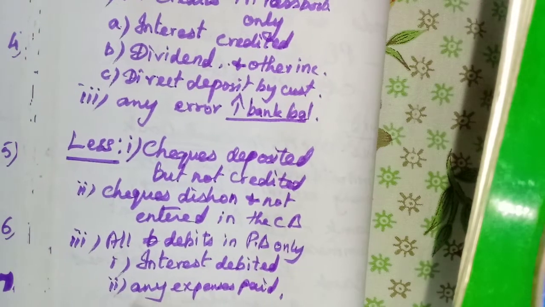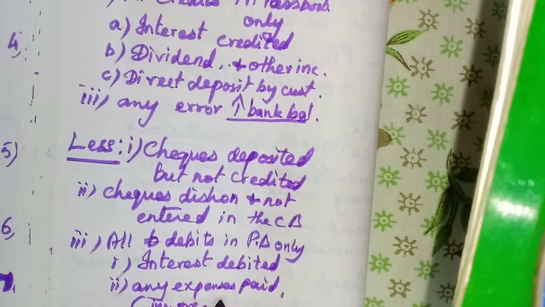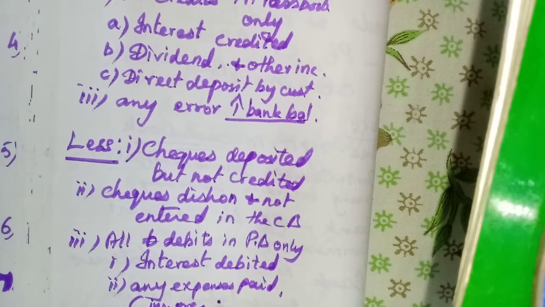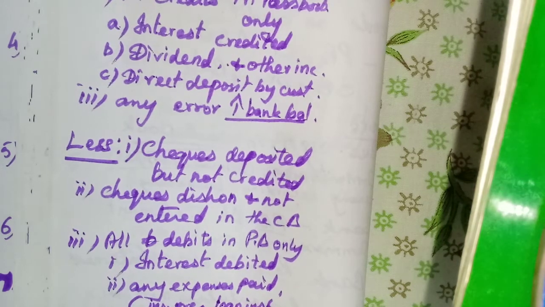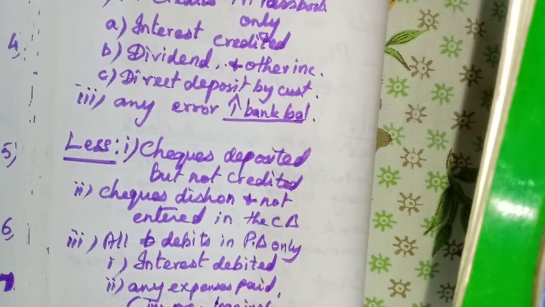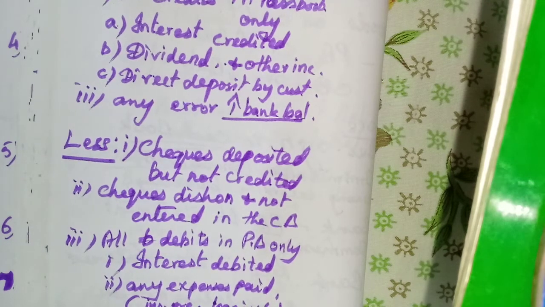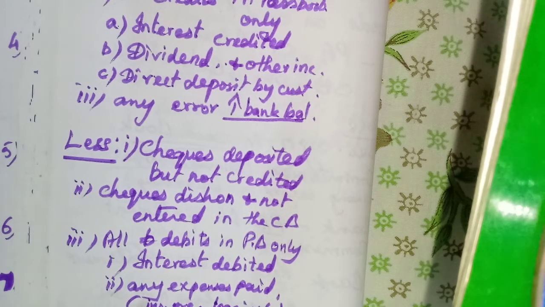What are the expenses? Maybe insurance premium, any loan installment, or any other bill, either electricity bill or phone bill. If they have paid any expenses directly, that may not be entered in the cash book.